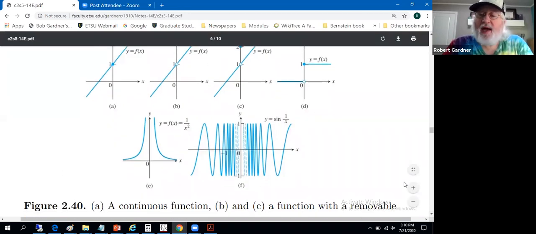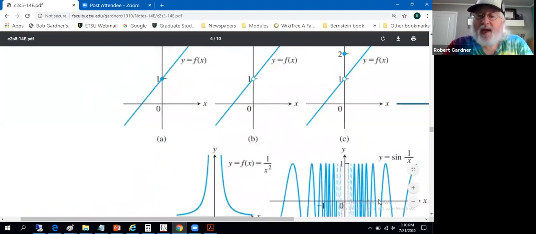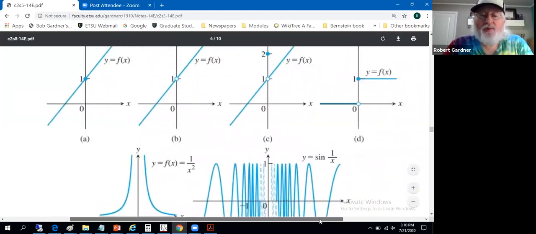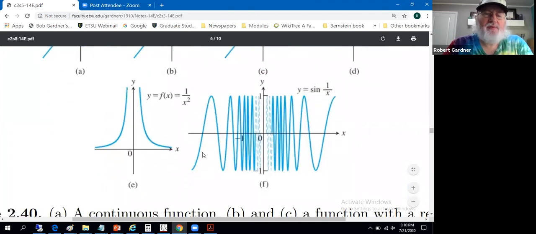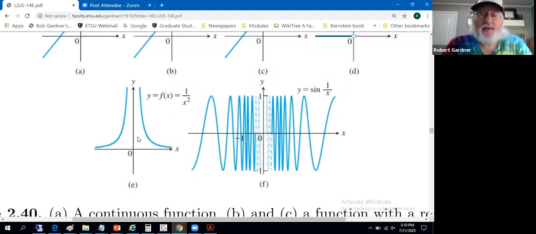Here, they've graphed, let's make it a little bit bigger, y equals 1 over x squared. This has a vertical asymptote at 0. We'll think formally about these kinds of things in the next section. But when x is a little number, x squared is a tiny number, and 1 over that is a huge number. So when we put numbers in close to 0, we get out huge positive numbers, positive because of the square.